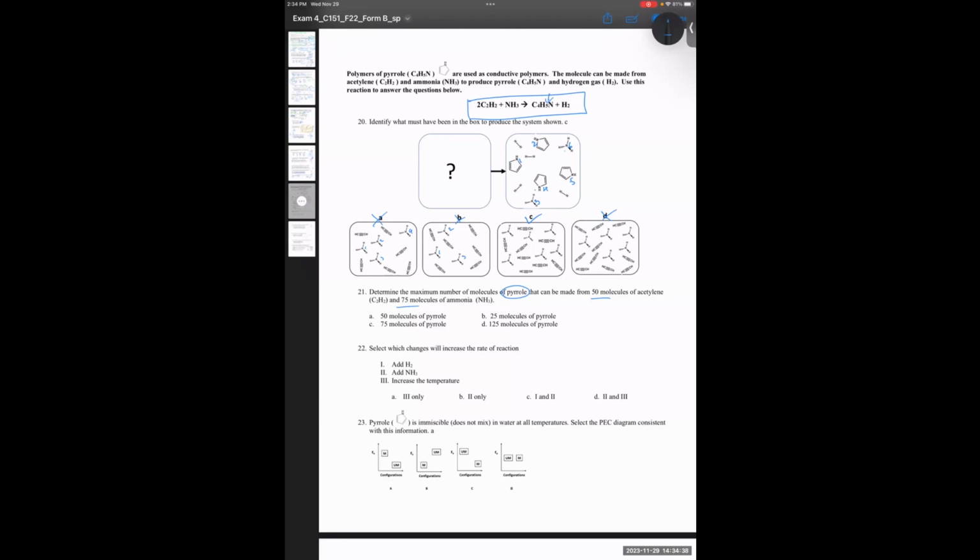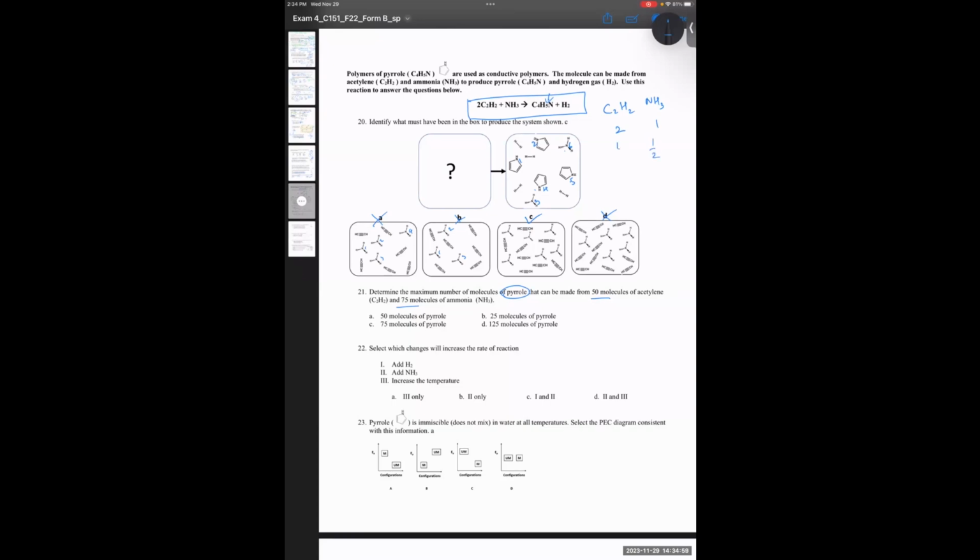You're given the balanced equation, which is great. Now here's what we need to know. Based on the balanced chemical reaction, C2H2 and NH3, to react with 2 C2H2, we need 1 NH3. To react with 1, we need 1 over 2.